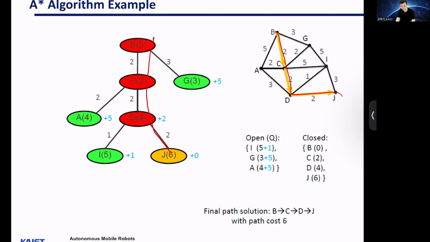But the heuristic cost to go map can still mislead and give you not the global optimal solution or path. Okay, in this example, it turns out to be the same.